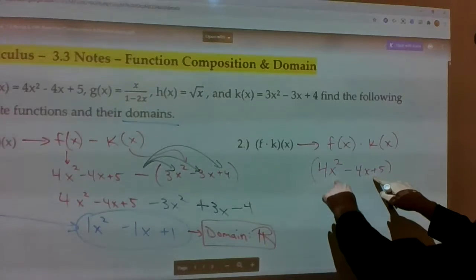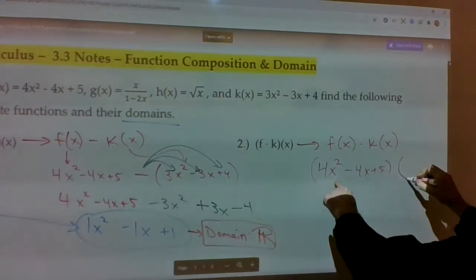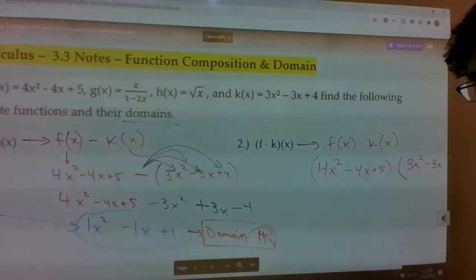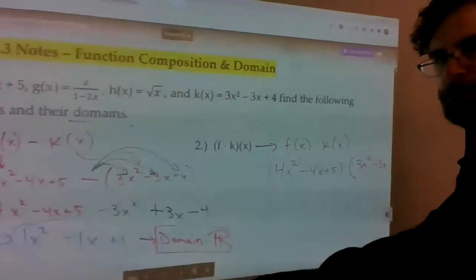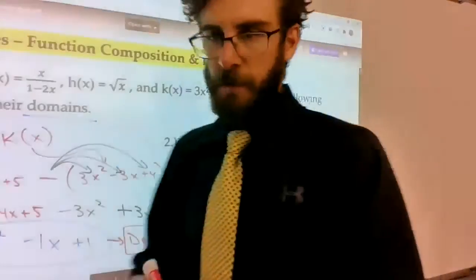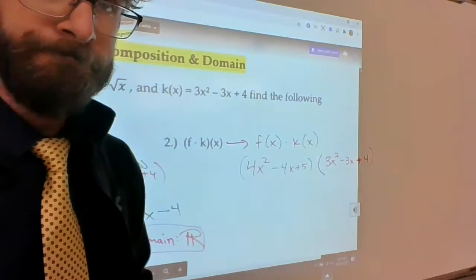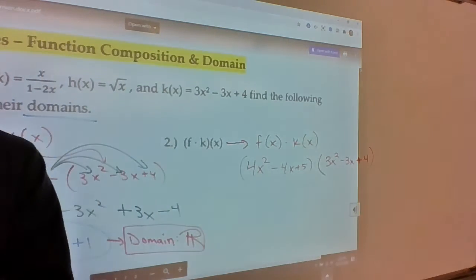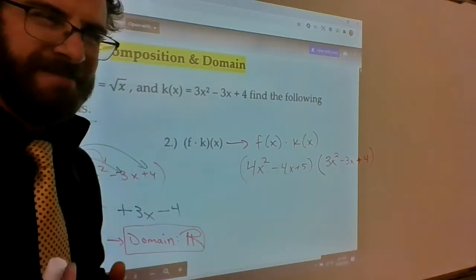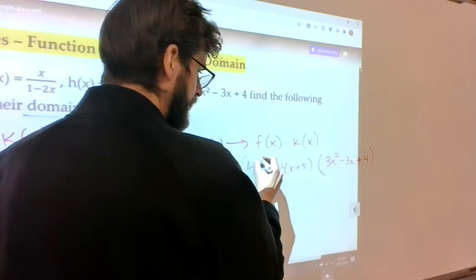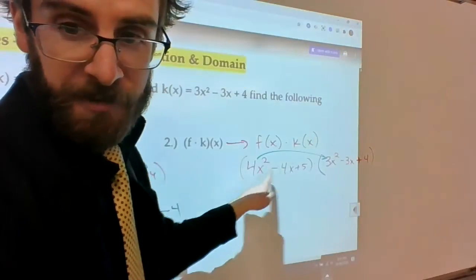So here's f of x times k of x. No me gusta. But it's really just like Algebra 1 review. You're taking everything, 4x squared times everything in the second group.